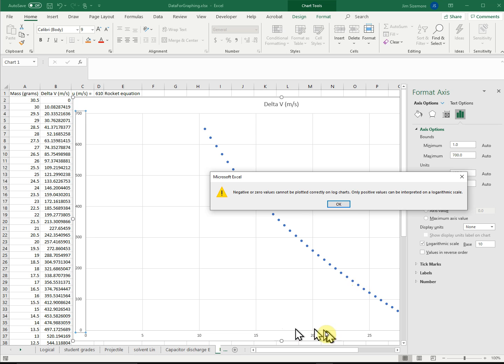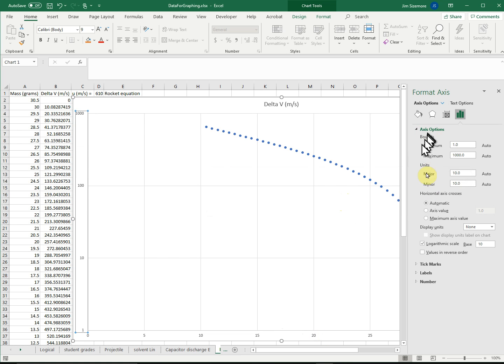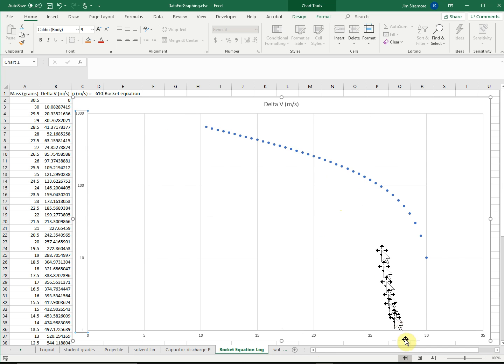It's got a 0 value, so it can't do it. It's not plotting the 0 value properly, but it plots every other value on a logarithmic scale. It does not appear to be a straight line. That's not a good option.